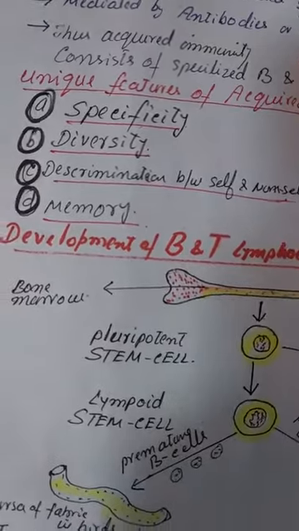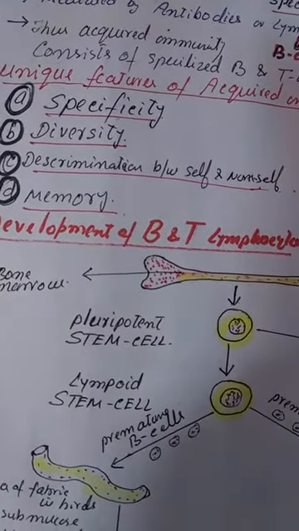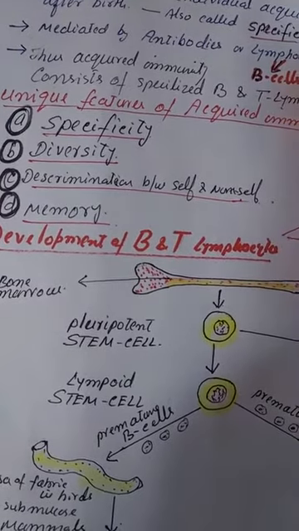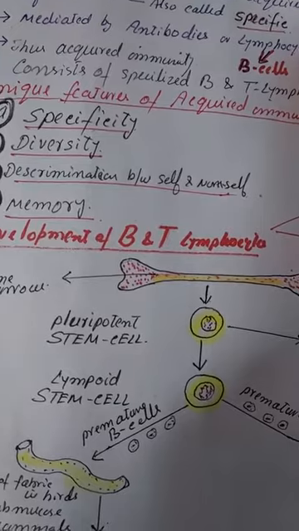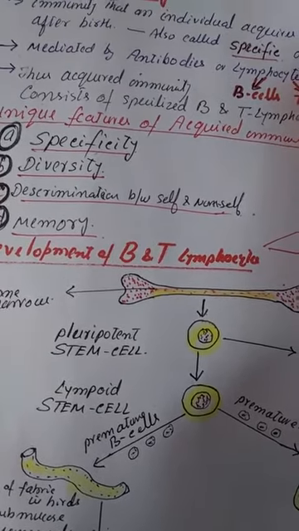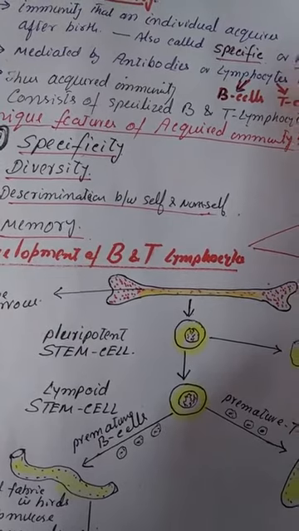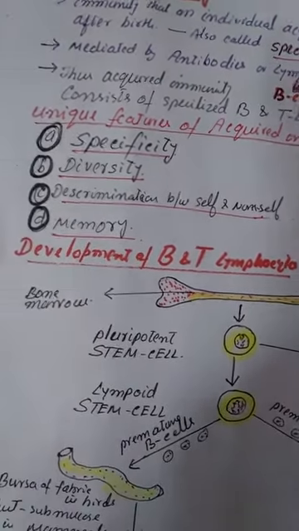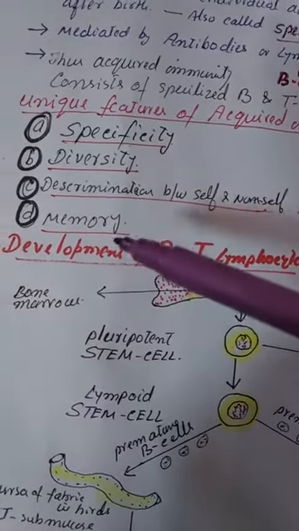That means this immunity can recognize and respond to a foreign molecule, that is a non-self, and can avoid response to those molecules that are present within the body or are a part of the body, that is the self of an individual. The last unique feature of this immunity is what we call memory.